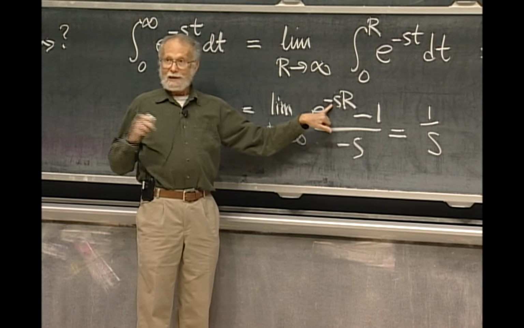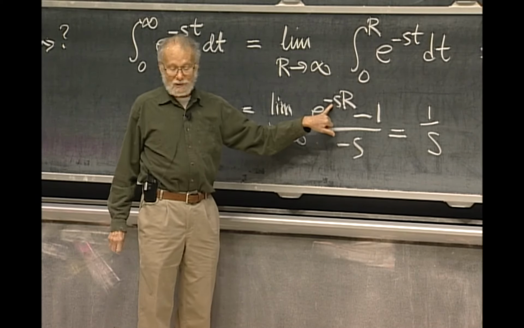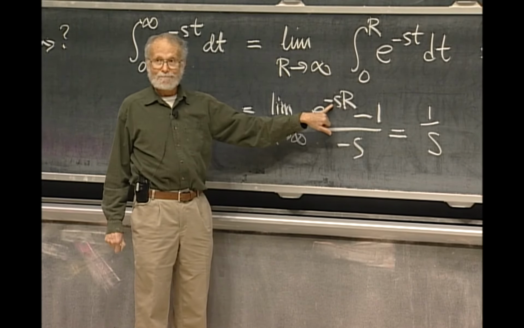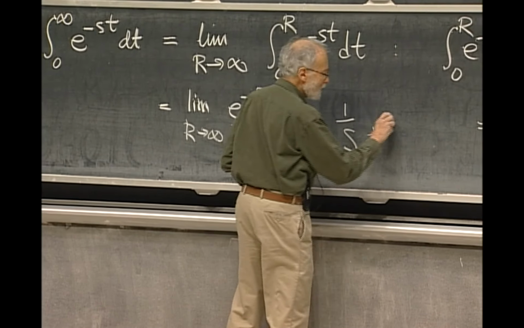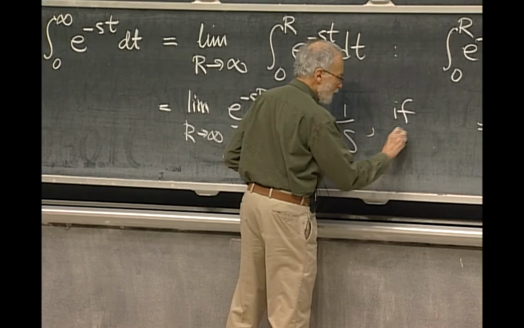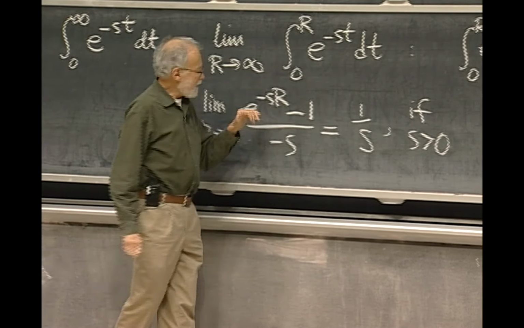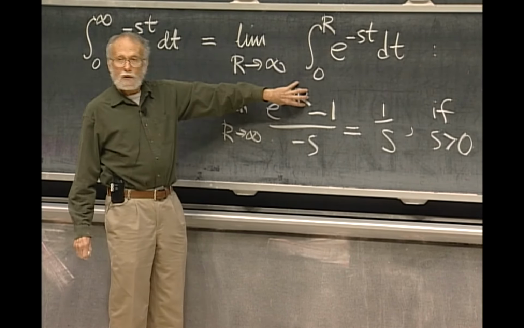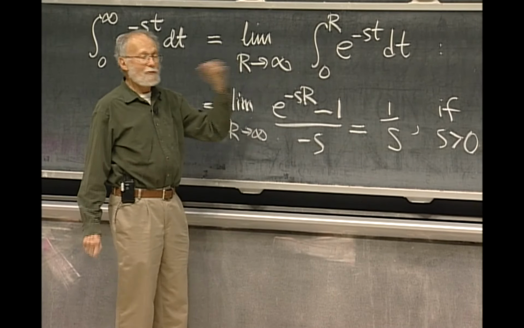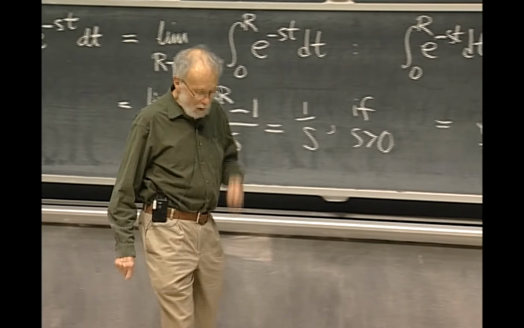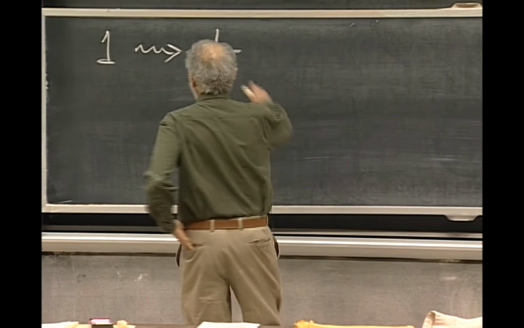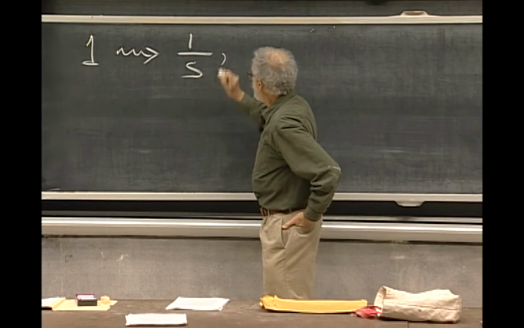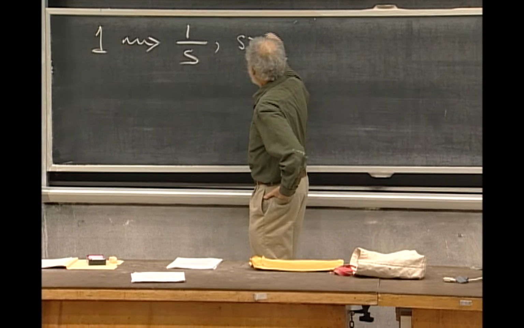Minus s looks like a negative number, but it's not if s is equal to minus 2. So this is only true if s is positive. Because only if s is positive is this exponent really negative and large, and therefore going to 0 as r goes to infinity. So the answer is not 1 over s, it is 1 over s, s must be positive.